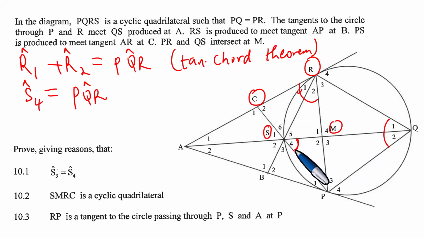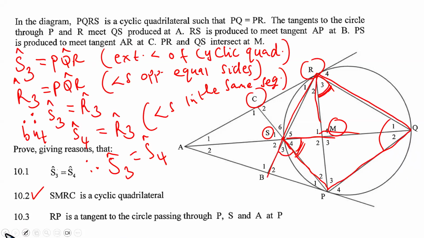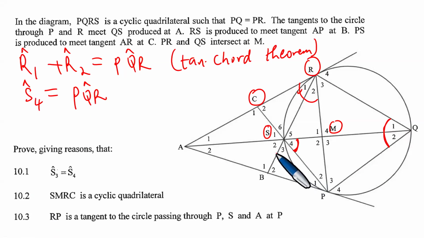Just note that angle S4 equals angle PQR. We remember that we are able to establish the fact that at this point S3 is equal to S4, which is equal to PQR. So S3 equals S4 equals PQR.